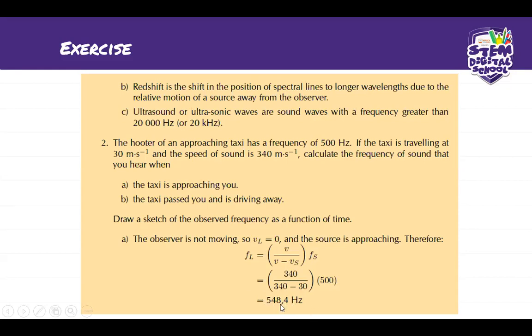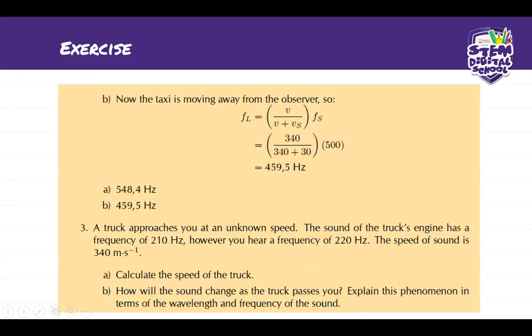Okay, so now they say when the taxi passes you and is driving away. So the only thing that's going to change in this case is the sign of the speed of the source. It's going to be a positive now. You see, so now the taxi is moving away from the observer.